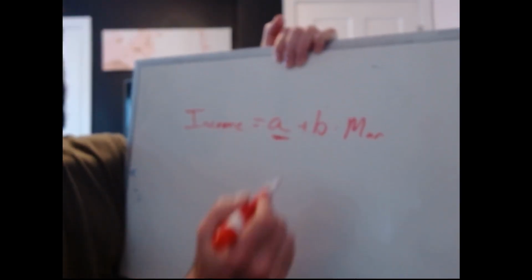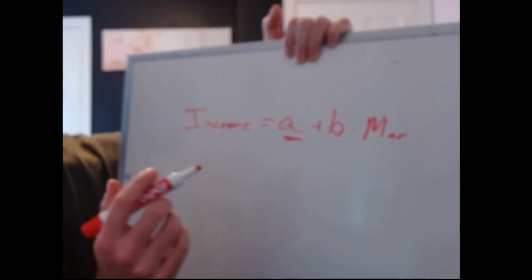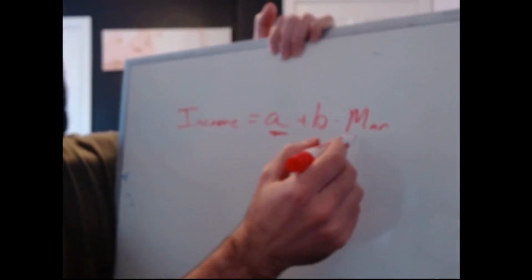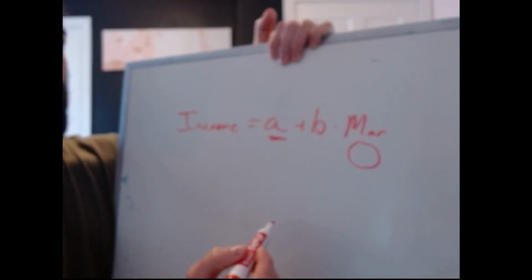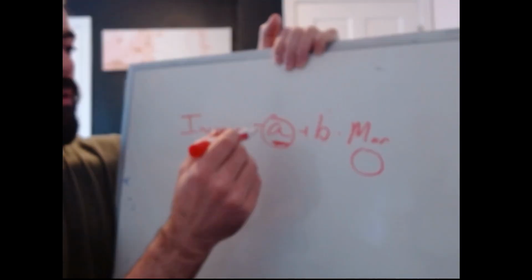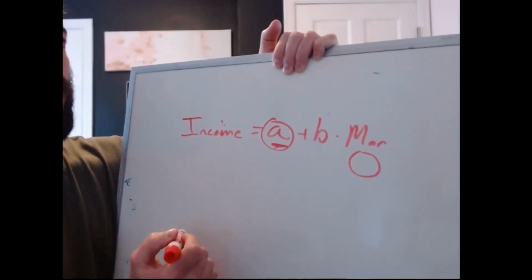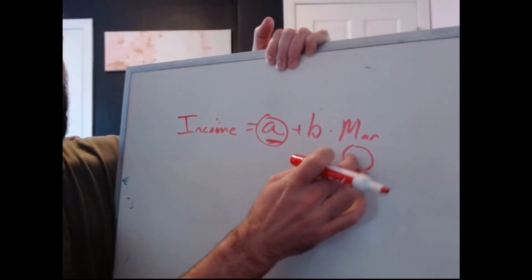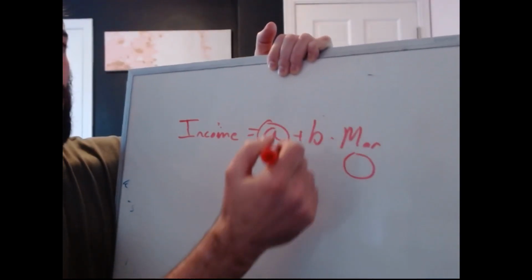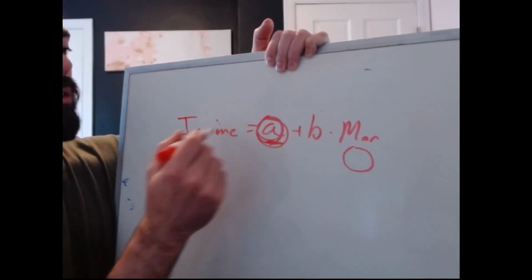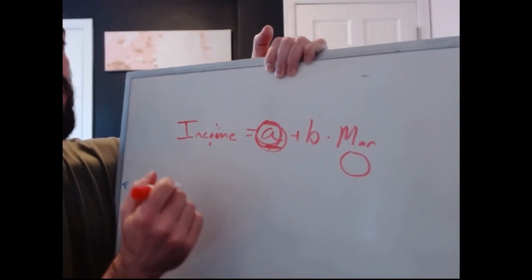So the interpretation of A is that if the number of days that someone smokes marijuana is 0, A would be the expected value of your y variable, right? Because if your x variable is equal to 0, this drops out, and the intercept would be what you would expect your y variable to be.